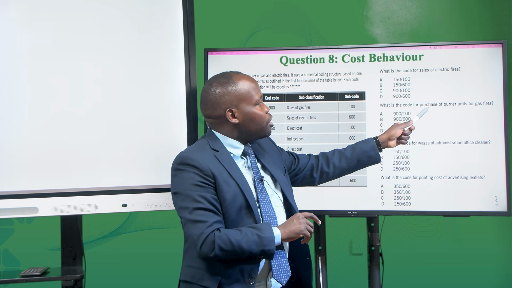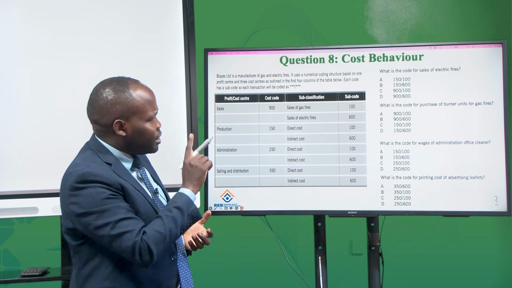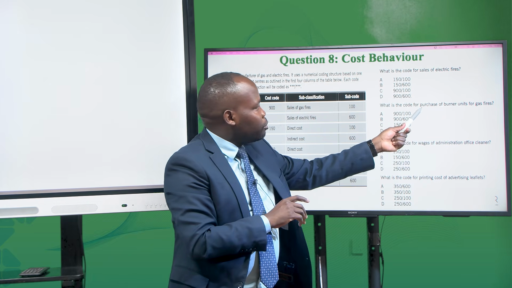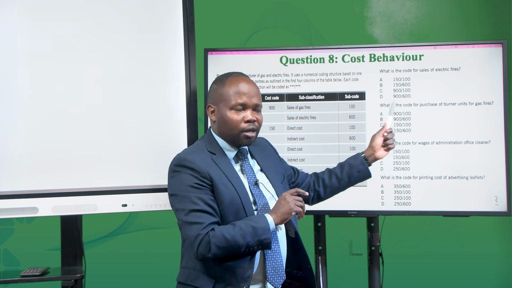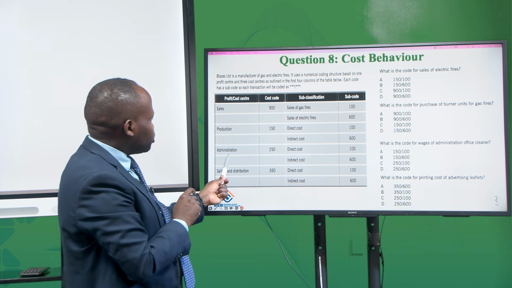The next question: what is the code for purchase of burner units for gas fires? There was a small mistake in this. It's supposed to be for sales, not for purchase, because we don't have any purchase here. So it's only sales, production, administration.